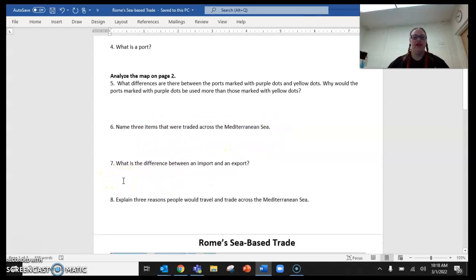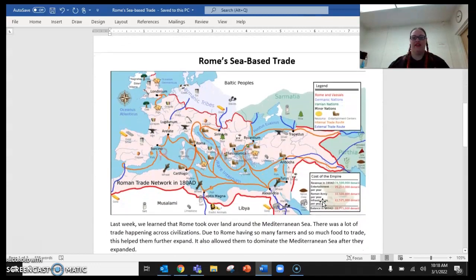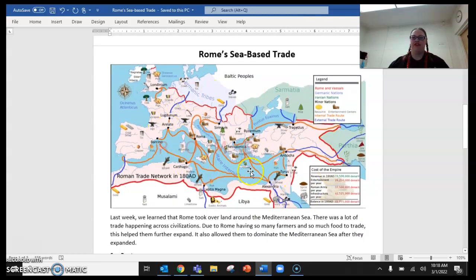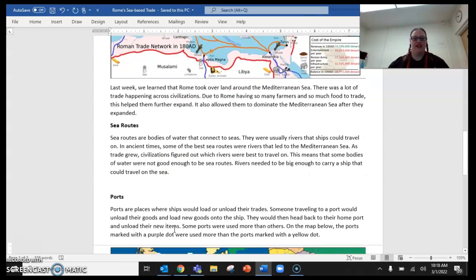Number 7, what is the difference between an import and an export? Number 8, explain 3 reasons people would travel and trade across the Mediterranean Sea. So now that we have this background, we know what we're looking for. Now we get to read the text. We're going to skip over the map for just a moment, and we're going to read the text first.